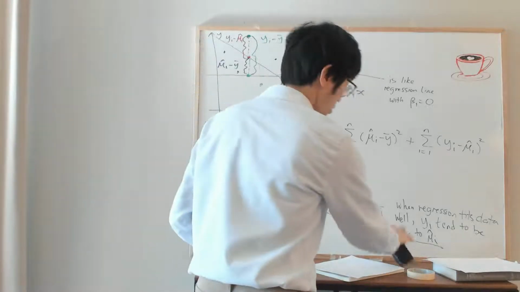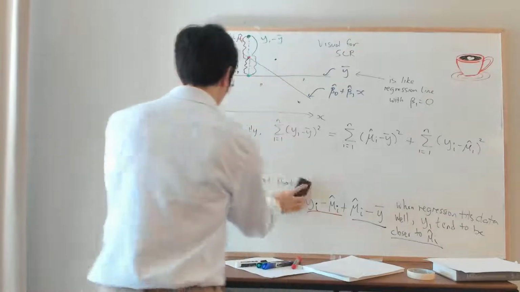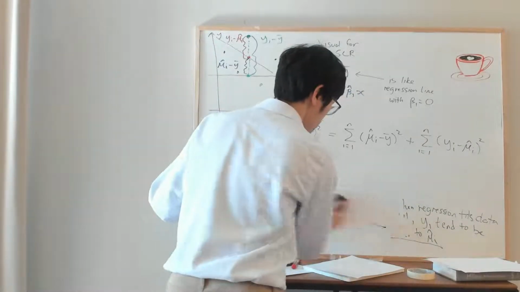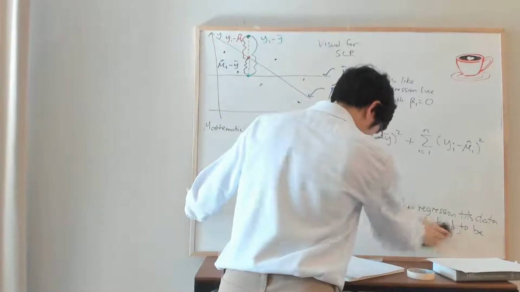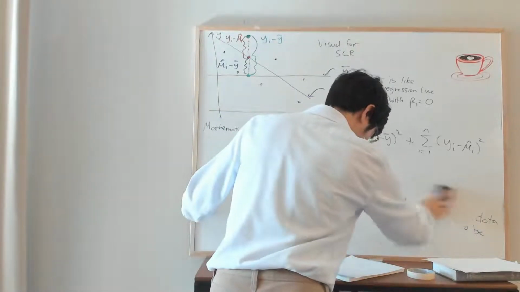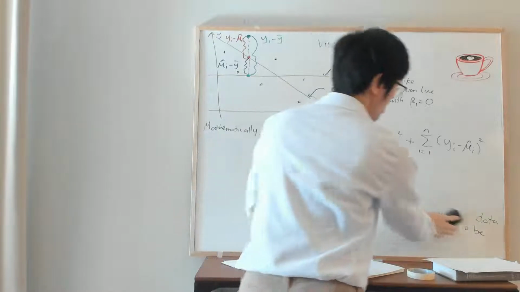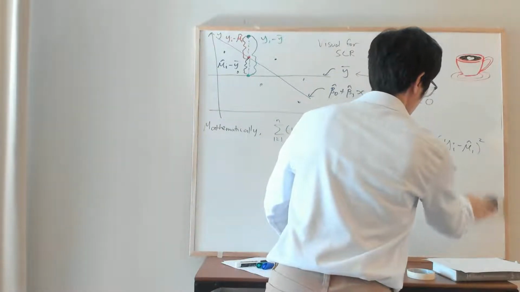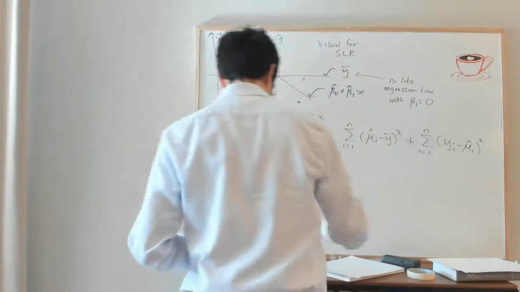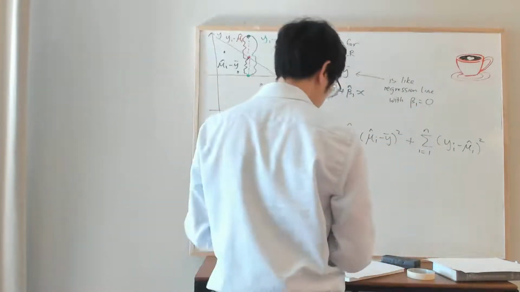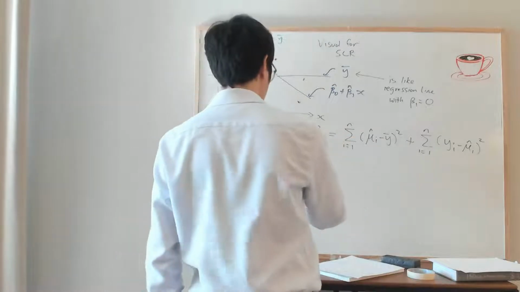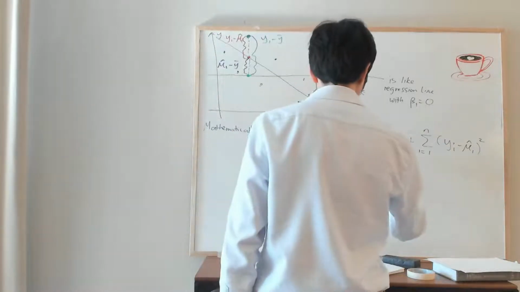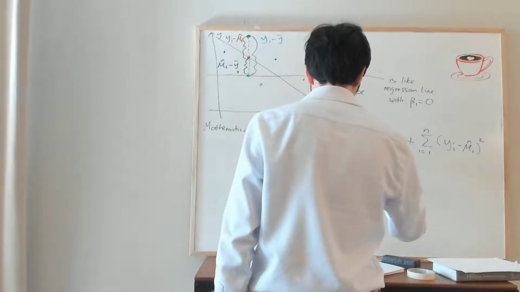And on your first assignment, I asked you to show that the cross term is 0. Okay, so let me add the labels. So this is our sum of squares total. This is our sum of squares regression.